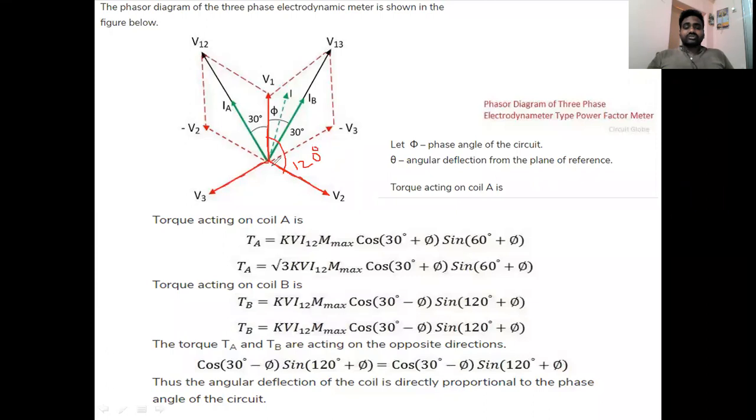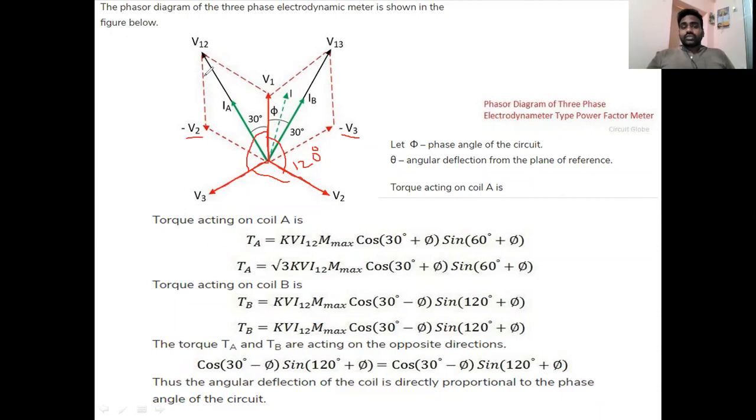The phase displacement between V1, V2, V3 is 120 degrees. If we reflect the value of V2 in the opposite direction, it is represented as minus V2, and the value of V3 in the opposite direction as minus V3.